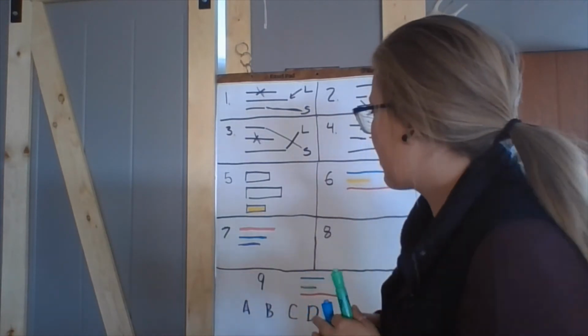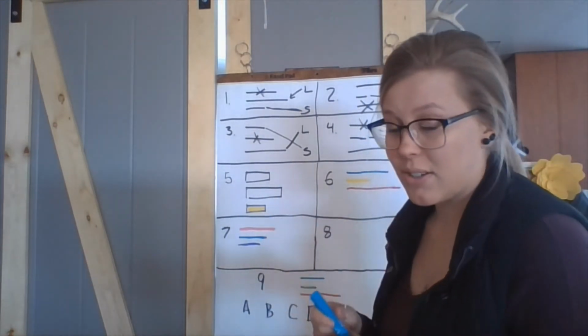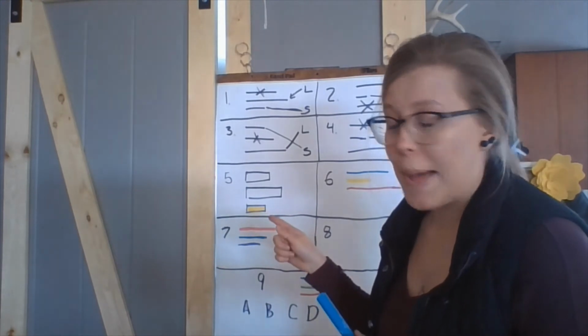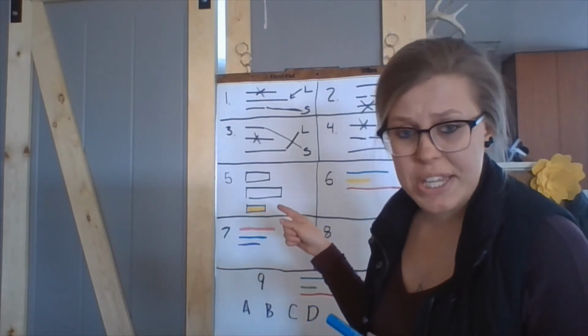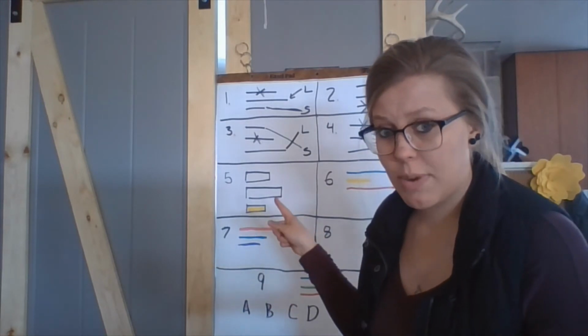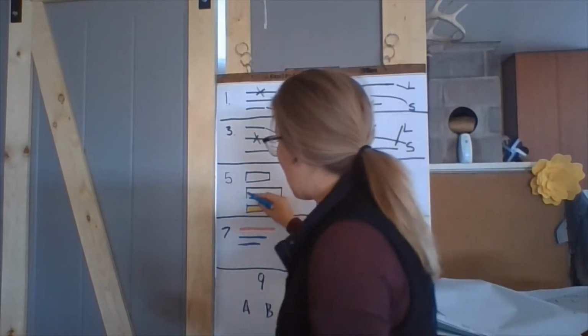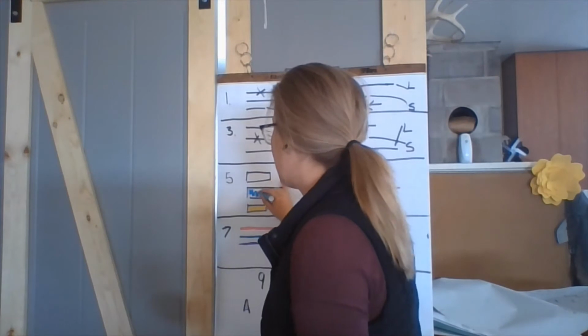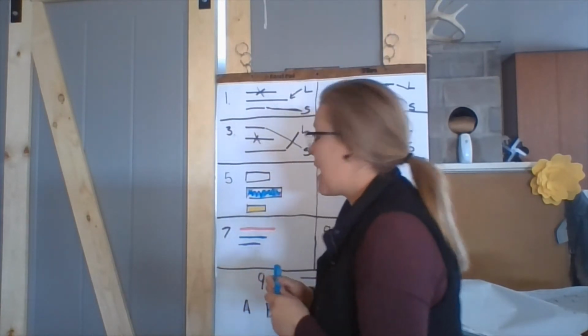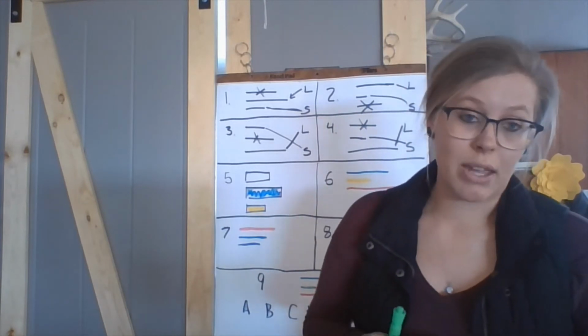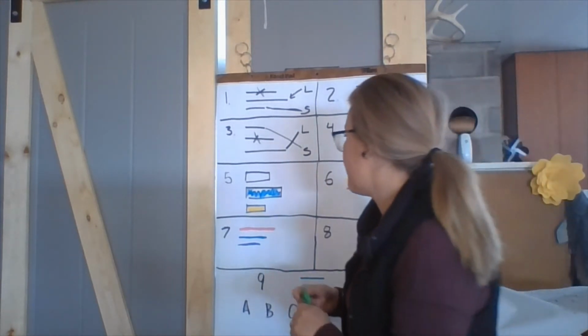So I'm going to look for the biggest next, okay? And if you look at the squares that I drew for number 5, you can tell pretty easily which one is the biggest, right? This one in the middle. So I'm going to color my middle rectangle blue. And that leaves one left for our green, which will be the top one.